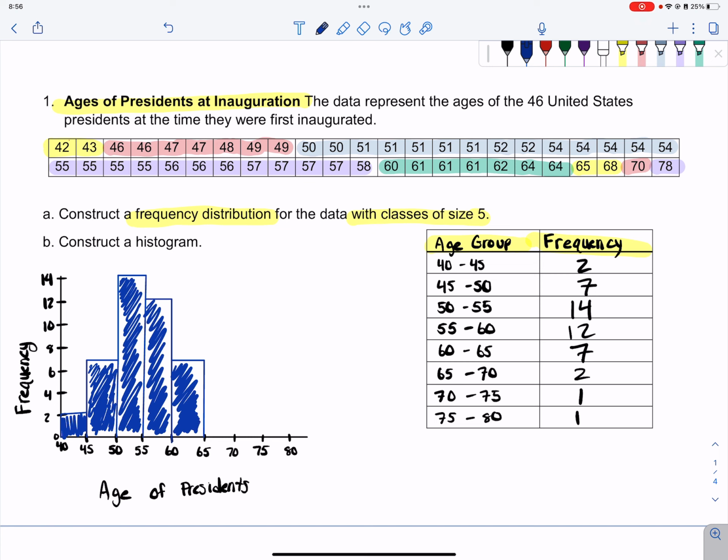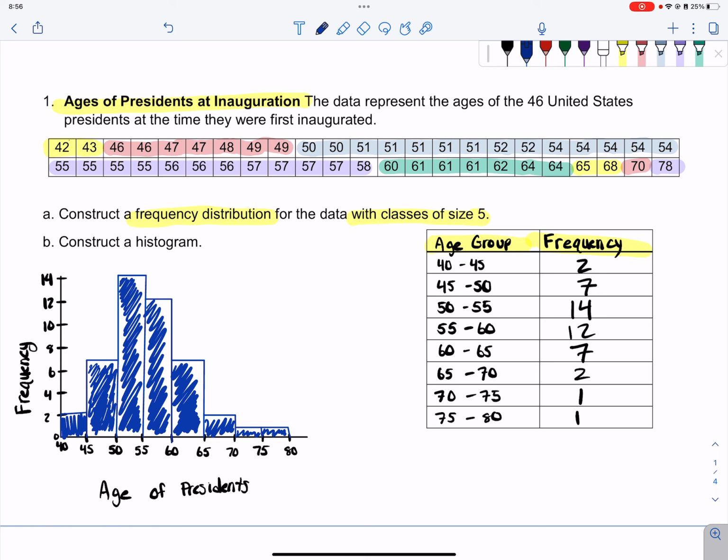And then 65 to 70 is at 2. And then the last two here, 70 to 75 and 75 to 80, are both at a height of 1. And that is essentially what our histogram would be.